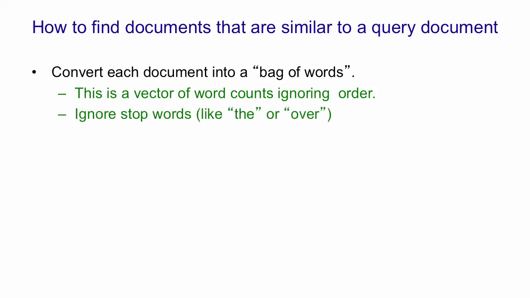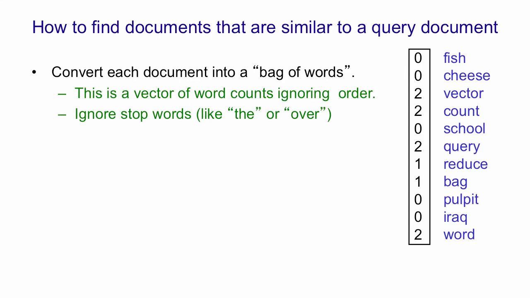We ignore words like "the" or "over", which are called stop words, because they don't have much information about the topic. So if you look on the right, I've done the counts for various words, and they're actually the counts for the document on the left. If you look at what words we have non-zero counts for, they're vector and count and query and reduce and bag and word. That tells you quite a lot about what the document is about.